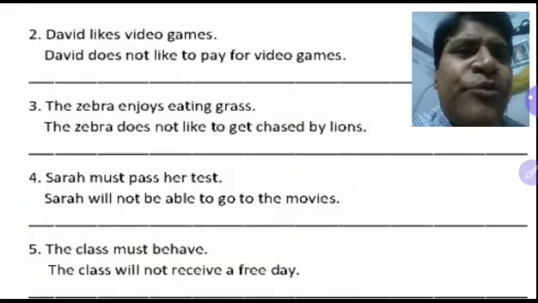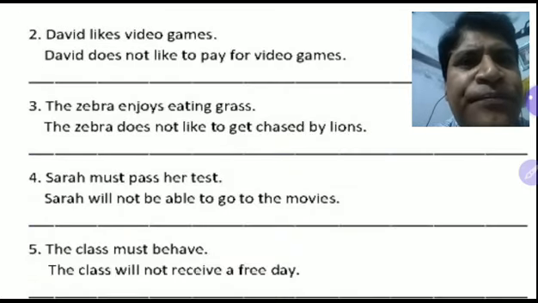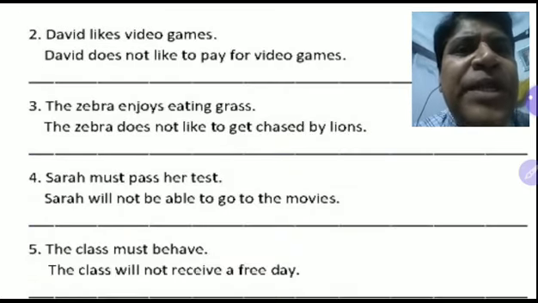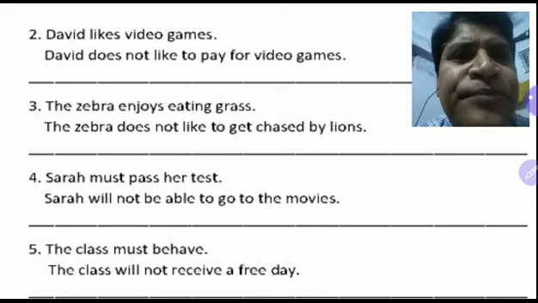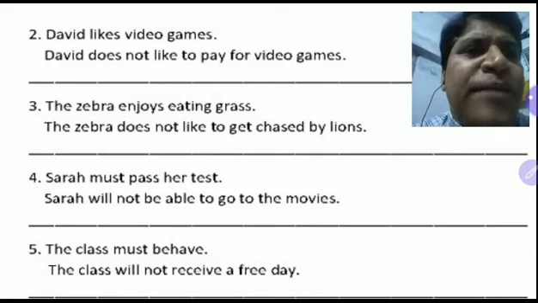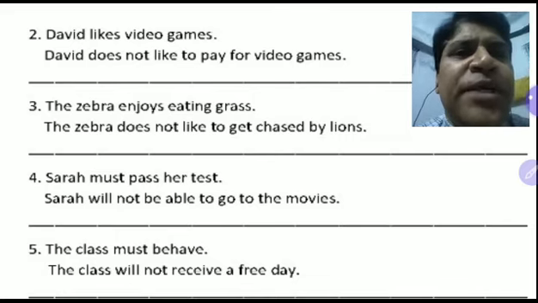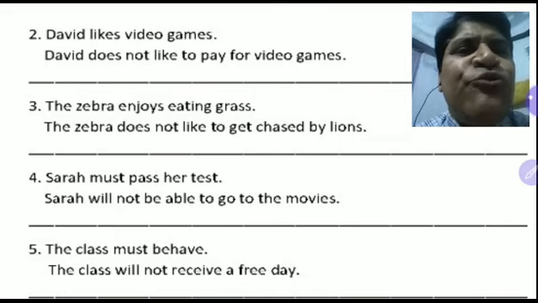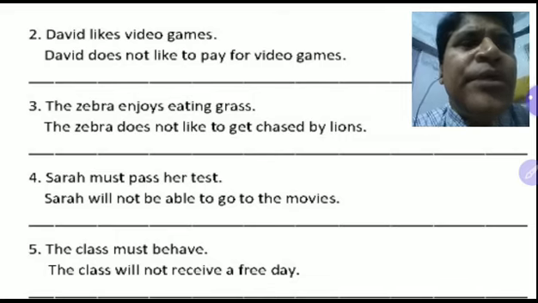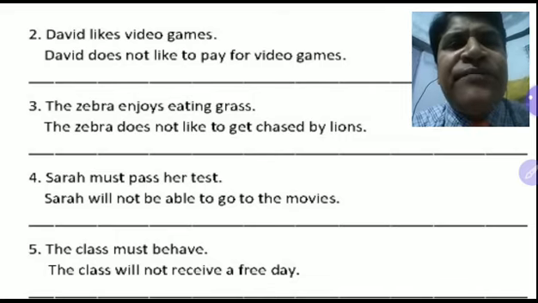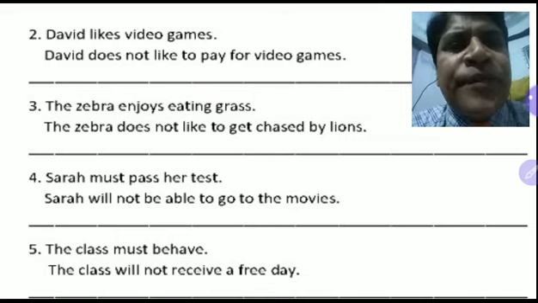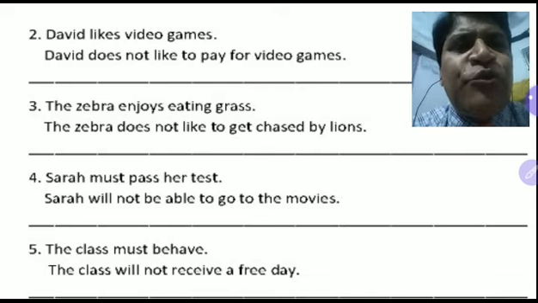Now let's move to another sentence. David likes video games. David does not like to pay for video games. Now see here. These two sentences seem to be contrastive. They try to go in two different directions.